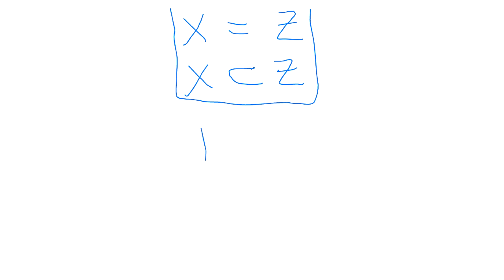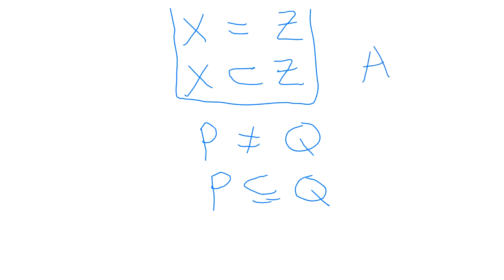For example, P is not the same as the set Q, but P is in Q. Then you would say that P is a proper subset of Q. So remember, to be a proper subset, you have to not be equal to the set. No set is a proper subset of itself, whereas every set is a subset of itself. So for A to be a proper subset of B, A cannot be equal to B.